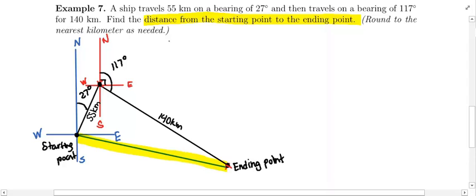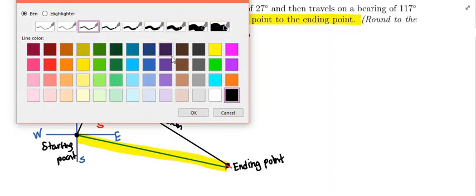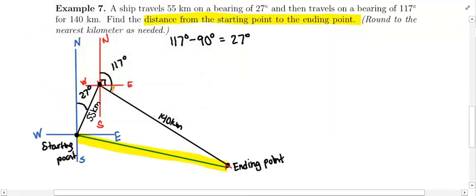So if we take the 117 degrees and subtract out 90 degrees, that leaves us with 27. I'm going to use a different color here because there's going to be a lot going on. This tells us that this little angle right here is 27 degrees.